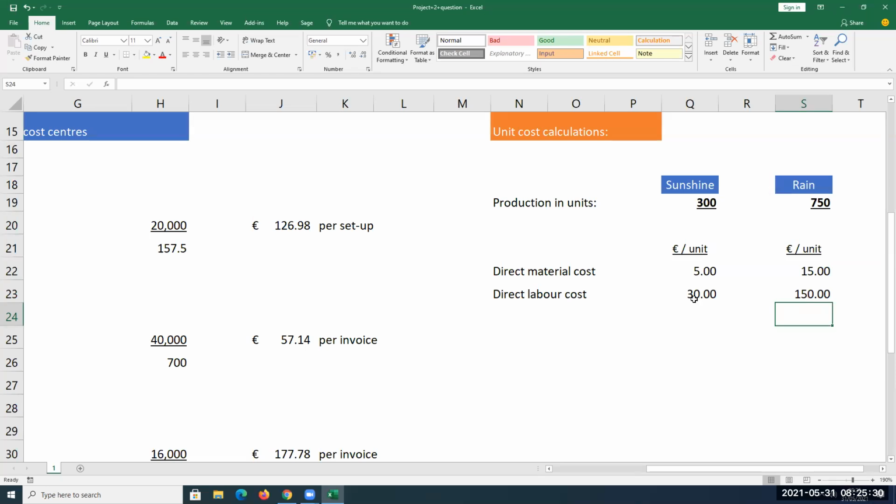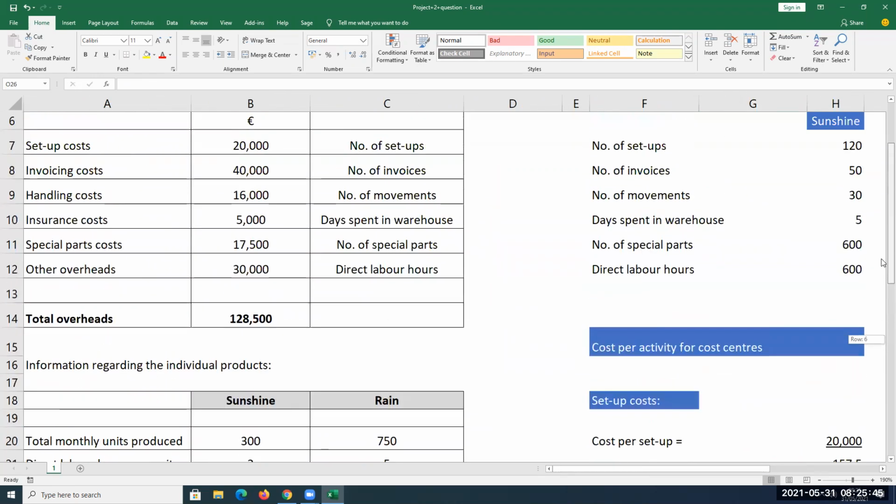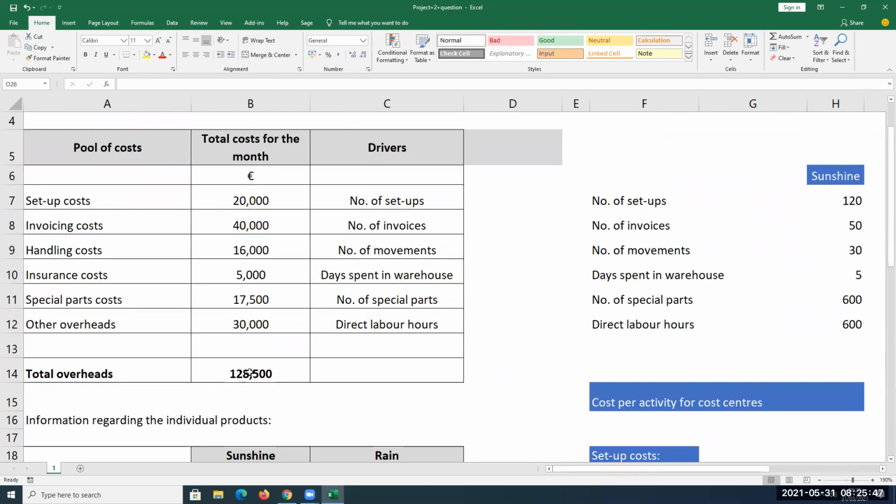Okay. Now next, overheads. Now overheads. So these are the overheads. 128,500. So I need to divide this overhead per unit between these two products.